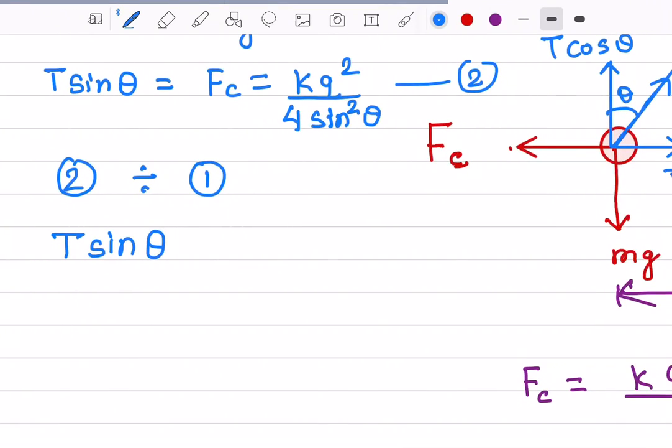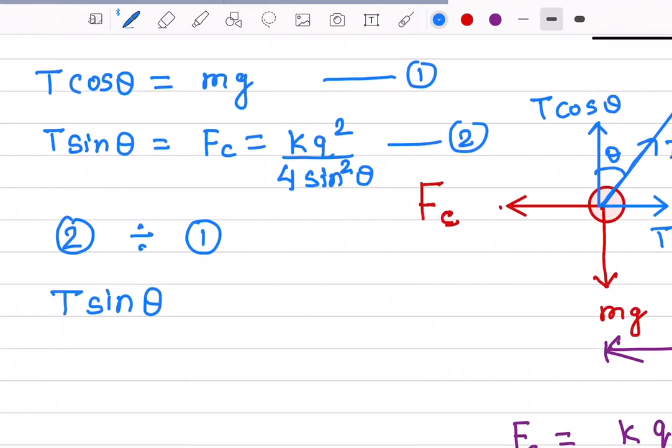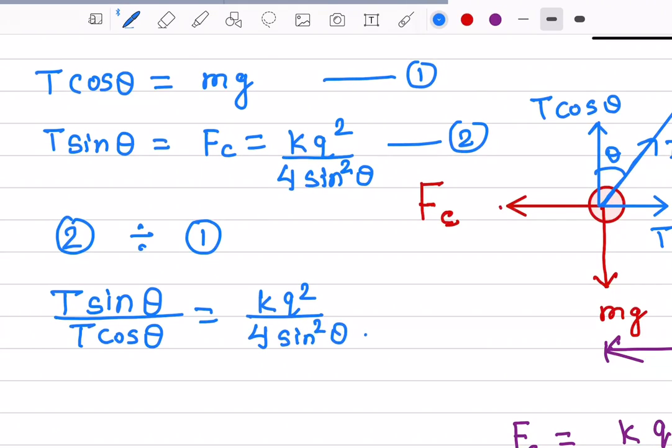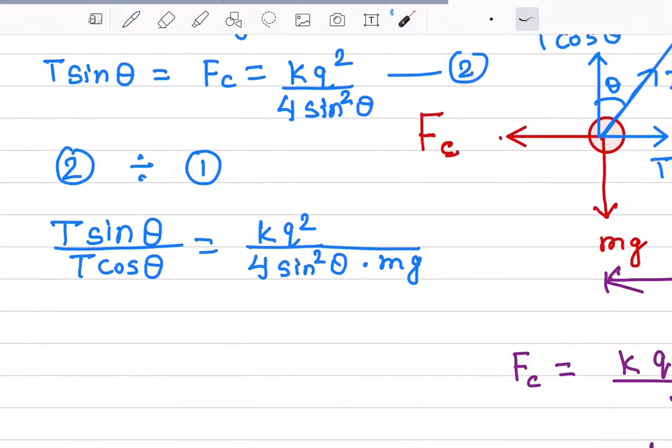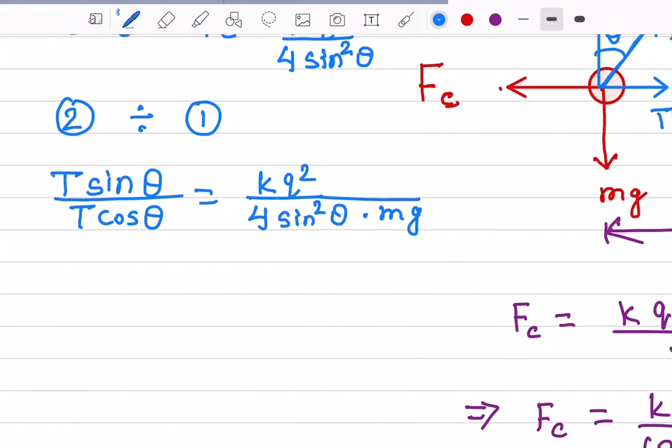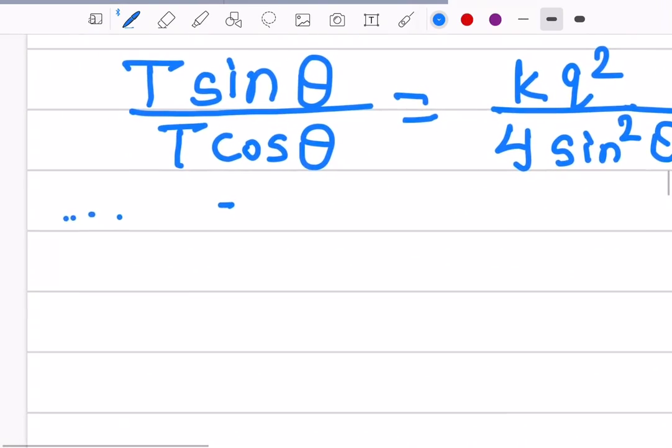What we're going to get is T sine theta divided by T cosine theta, which equals kq square over 4 sine square theta times mg. This tension and this tension cancel out, and sine theta over cosine theta will be tangent theta.